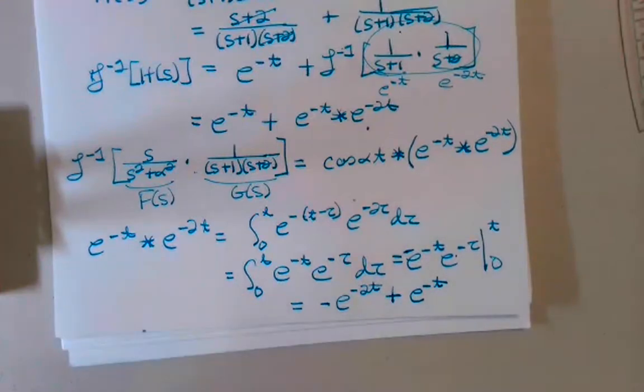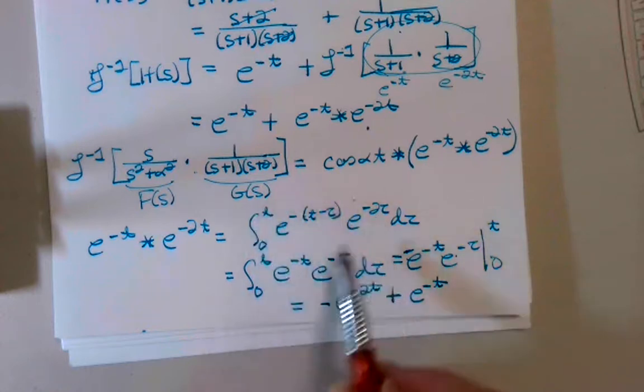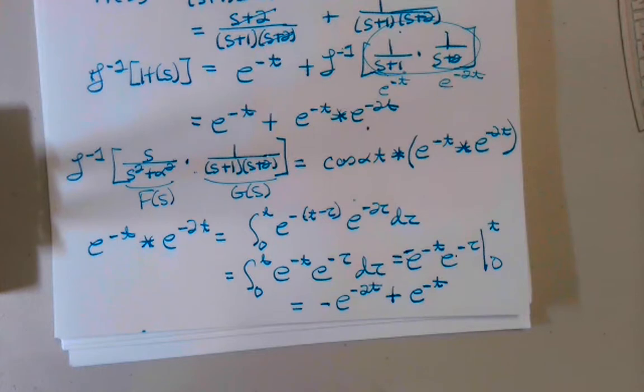Okay, so it's e to the minus t minus e to the minus 2t. And then you could take the convolution of that with the cosine. That's pretty messy because now you have to do the integral of a cosine times an exponential, and that's integration by parts twice. So that's really messy.